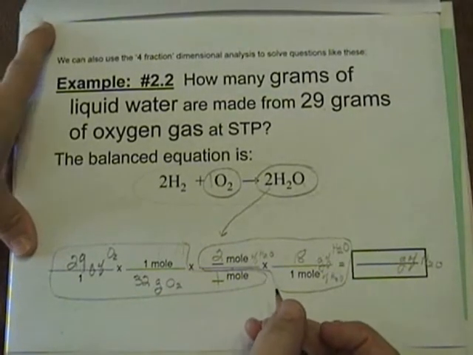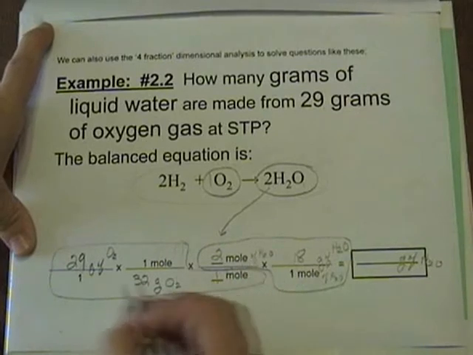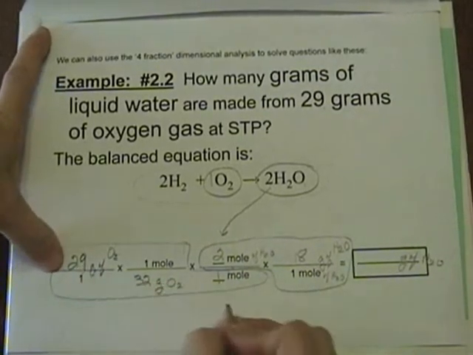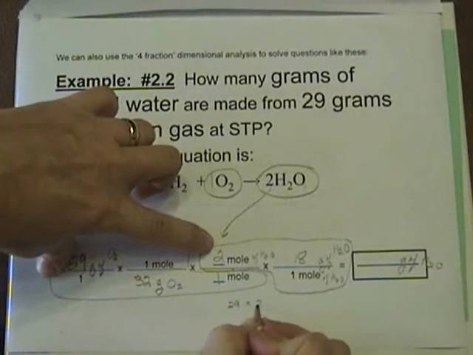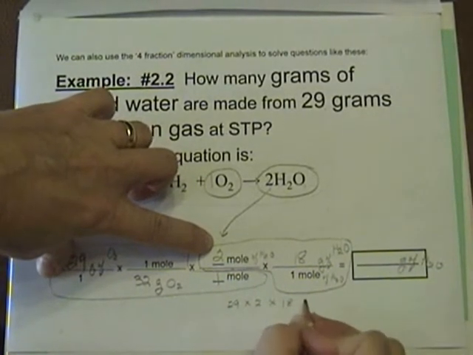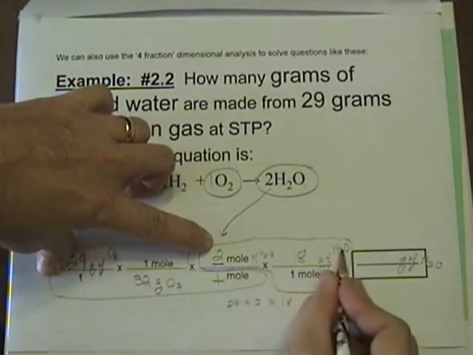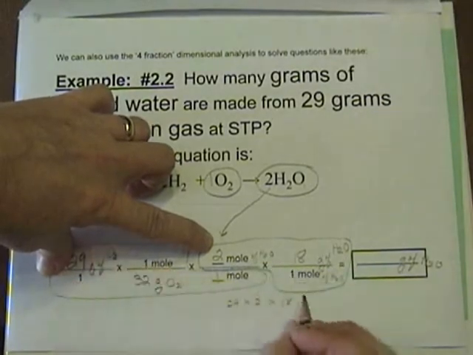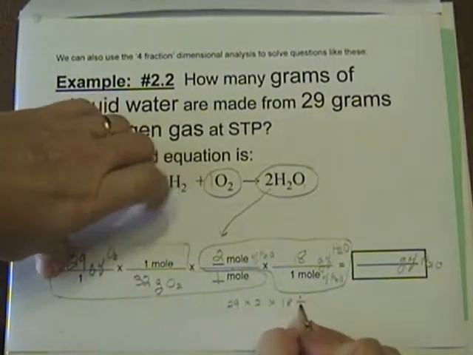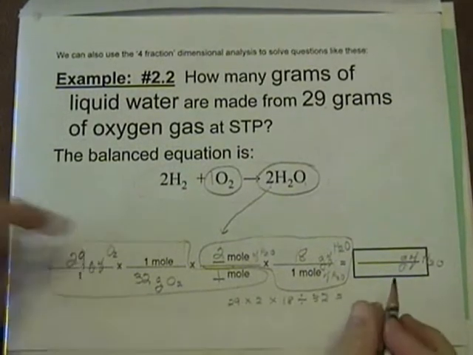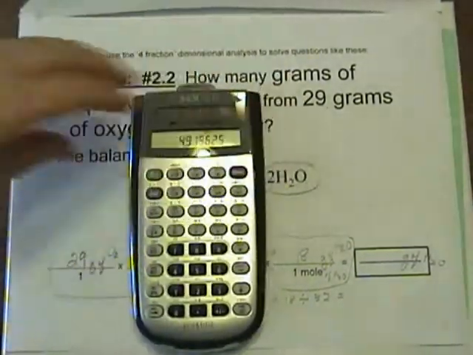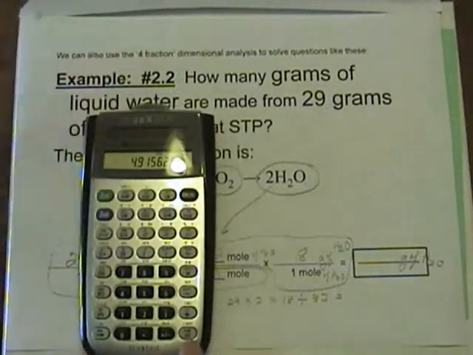Right. All right, and so now we're ready to punch them in the calculator. So we would go 29 times 1 times 2 times 18, and then we're at the end of the numerators, so now we're going to do all our denominators. All right, divided by 32 equals. Okay, so then we punch that into the calculator. Oops.